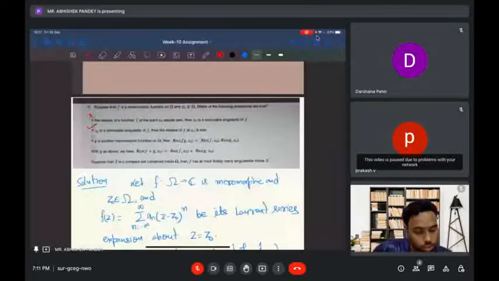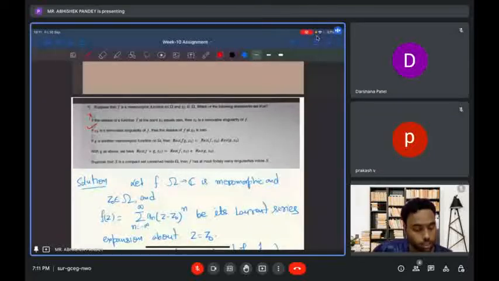So the third question is: if g is another meromorphic function, then what can we say about the residue of f into g at z naught?